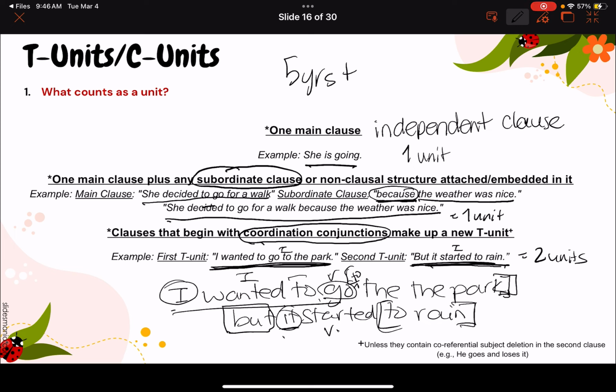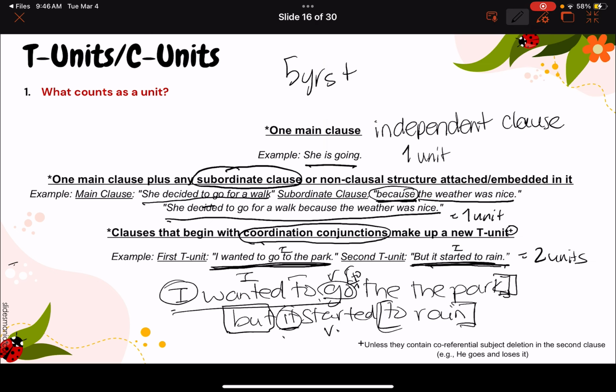Now, notice this little plus sign here. Here is the caveat to that. If we do not have the co-referential subject, so let's say the second subject is, this one's going to be a little bit tricky. Let me actually give you a different phrase.